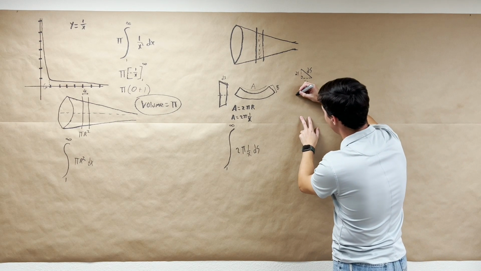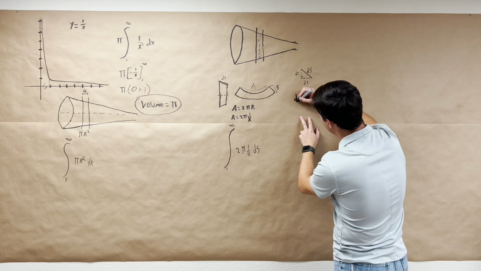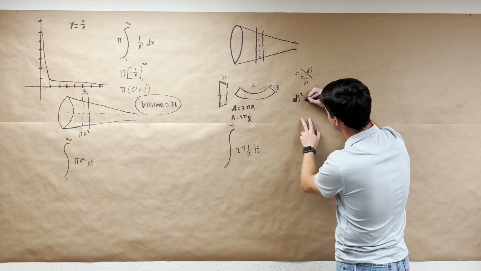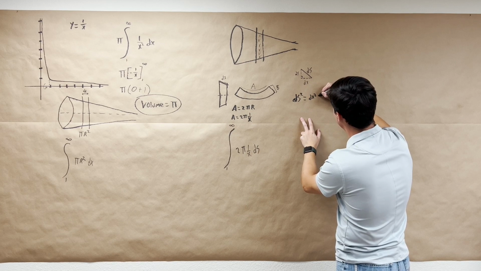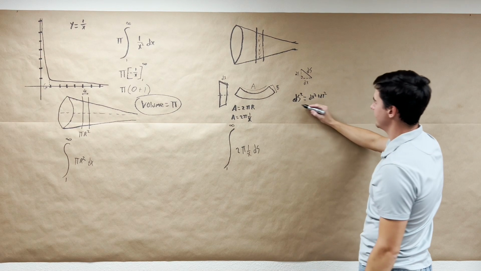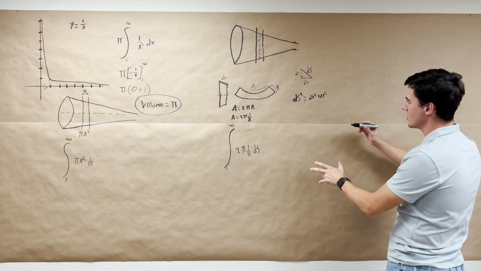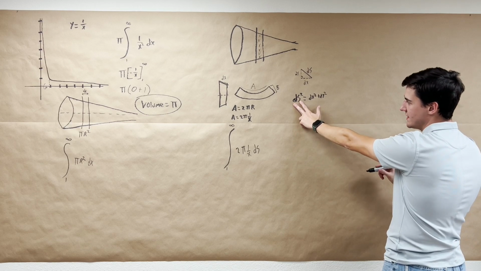So we know that ds squared equals dx squared plus dy squared through the Pythagorean theorem. We just need ds.